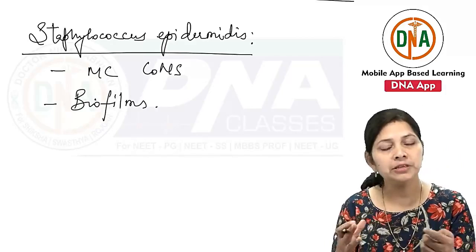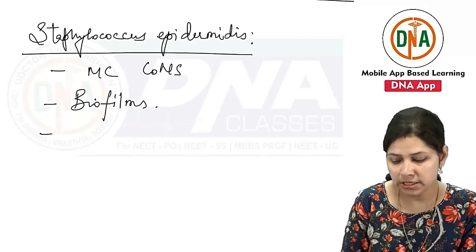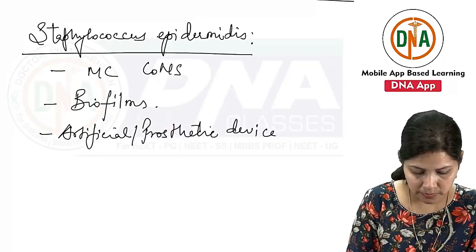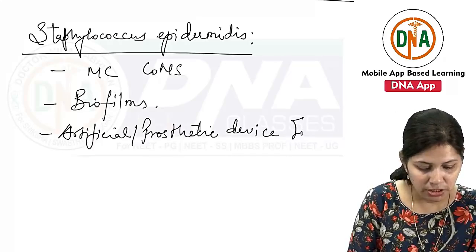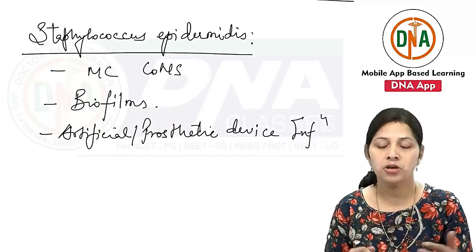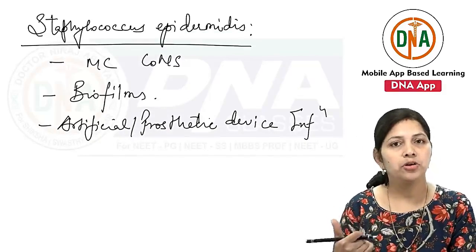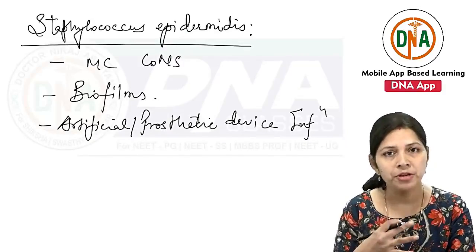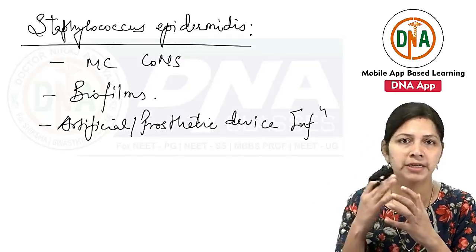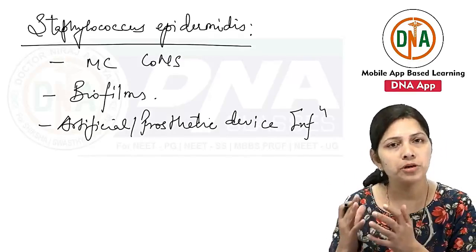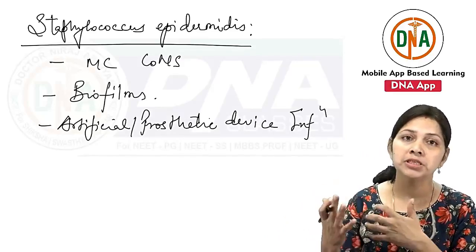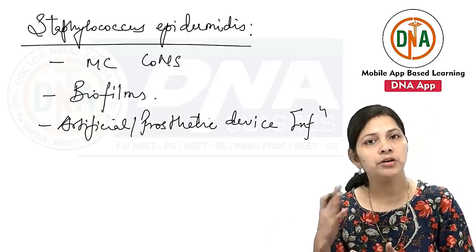Whenever there is an artificial or prosthetic device, it is associated with infection in the prosthetic device or in indwelling catheters because of the formation of biofilms. It makes a slime around the bacterial colonies where the drug is not able to penetrate, and this way it causes infection which is not accessible for treatment also.